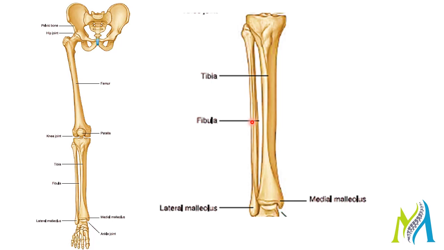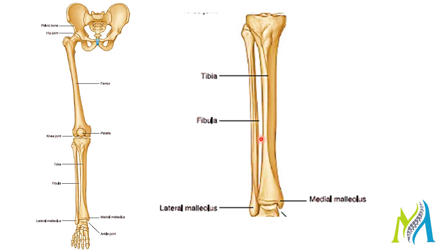Now the fibula is more precisely responsible for muscle attachment rather than weight bearing, but at the distal end they form a socket that contributes to the formation of the ankle joint.